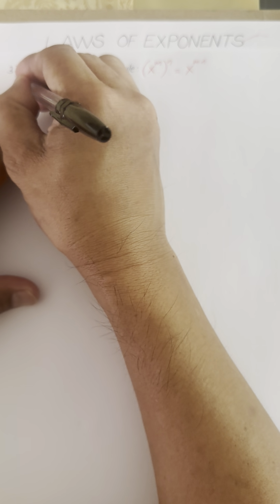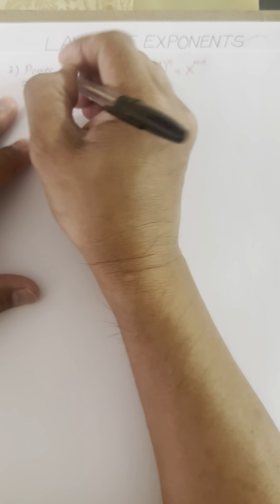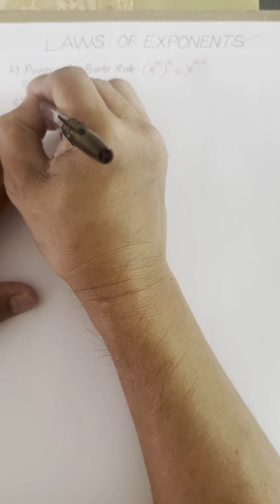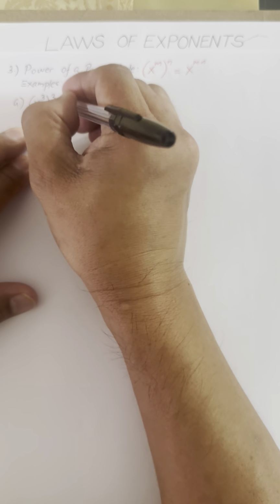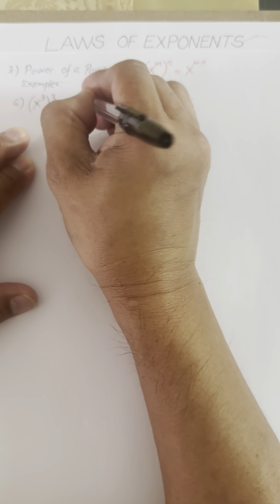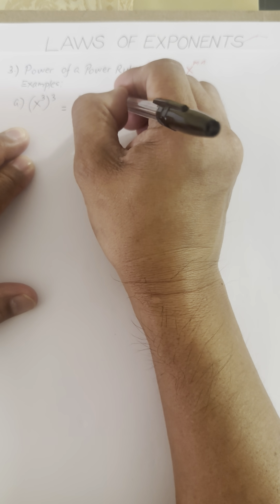For example, if you are given something like x to the power 3 raised to power 3, this is the same as x to the power 3 times 3, or equal to x to the power 9.